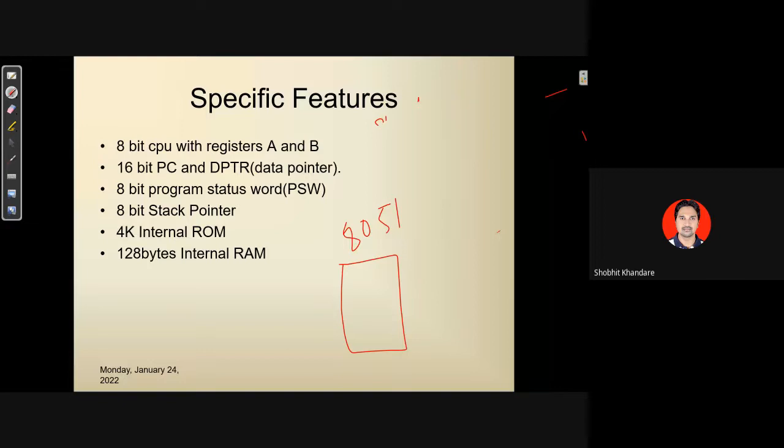In general, a microcontroller is a microcomputer on a chip. That means everything is on a chip.